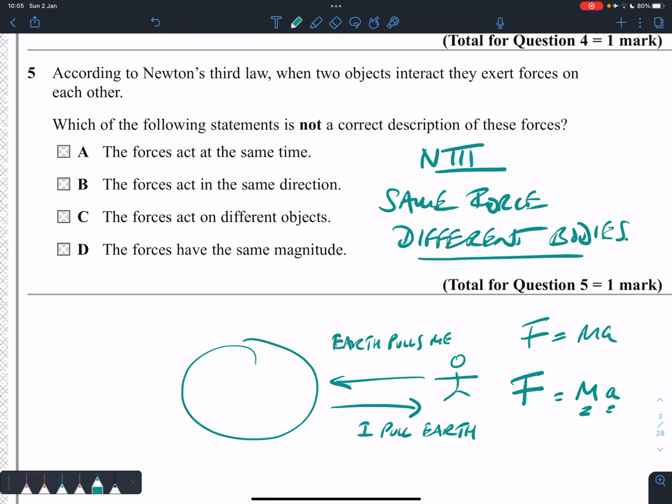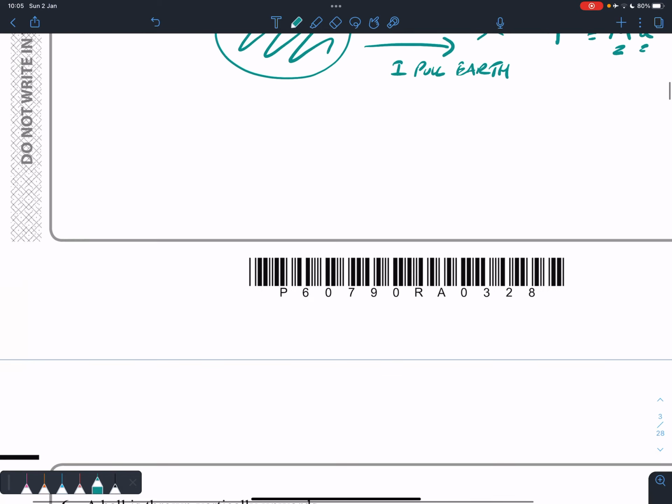The mass of the Earth is enormous, so the acceleration of the Earth will be small. The mass of the boy, me, is very small relative to the Earth, so my acceleration will be very big relative to the acceleration of the Earth. So have a look at which of those answers is the best one.